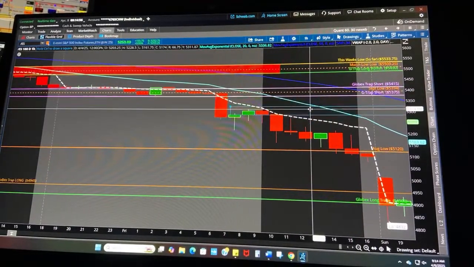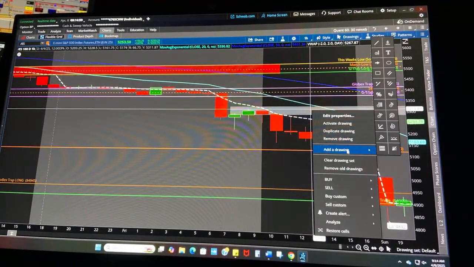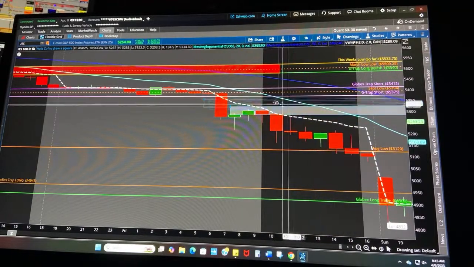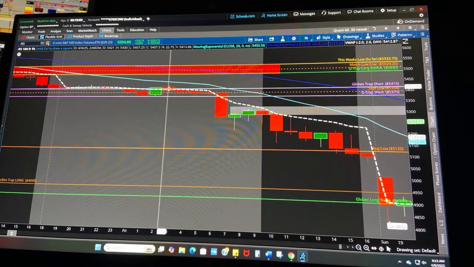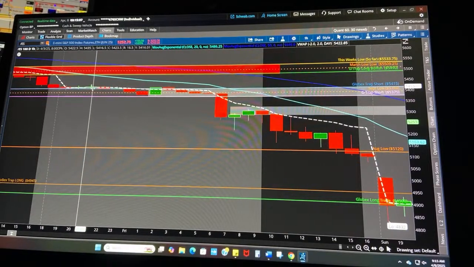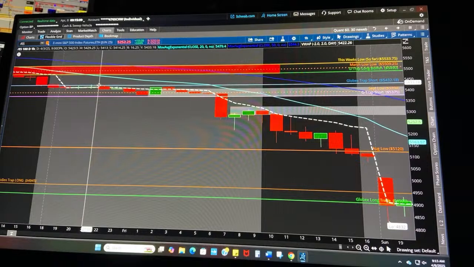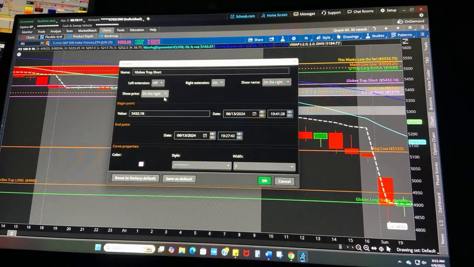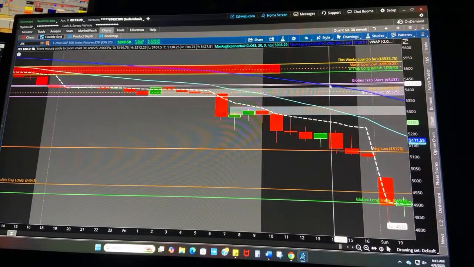So as these prices come in, I'm going to bring this one up here a bit. S&P 5433. That would be the upper end of this here.